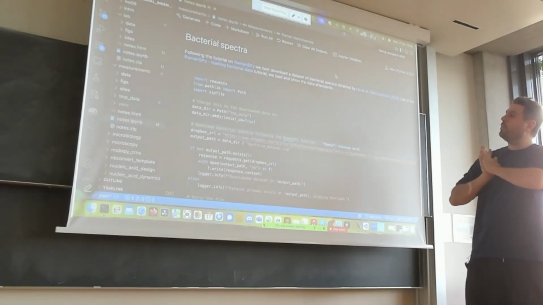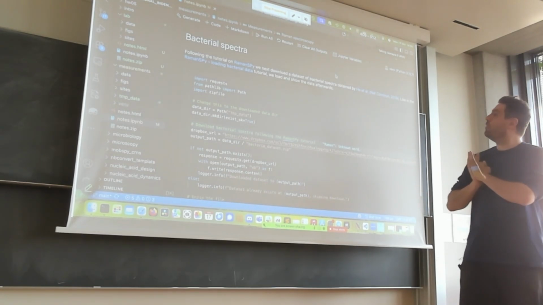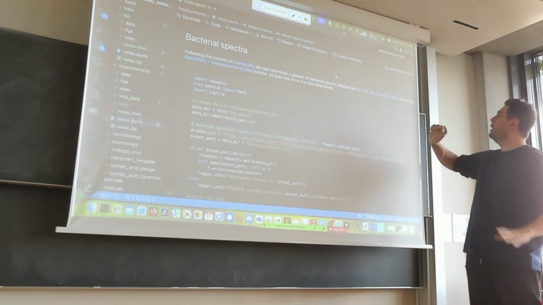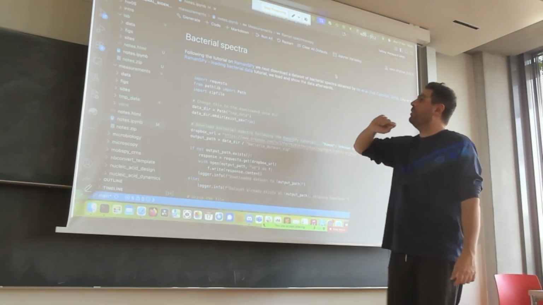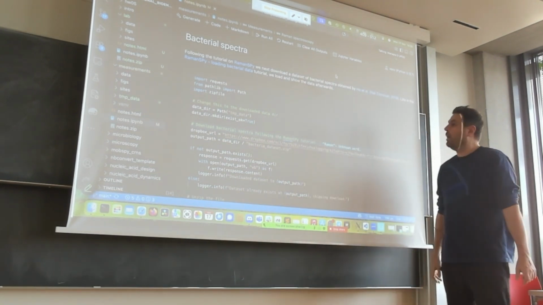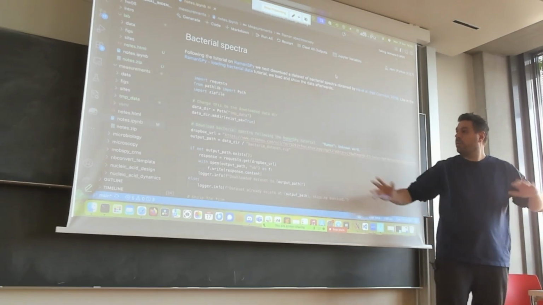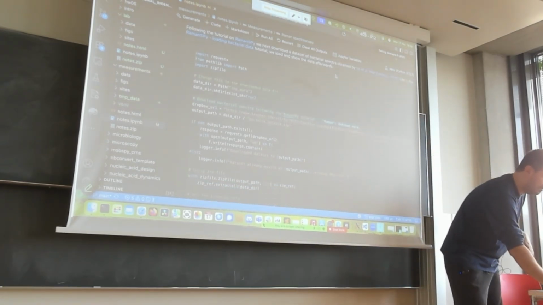We had a very cool pointer from the RamanSPy package, pointing us in the tutorial to a paper by Ho et al., from Nature Communications, reporting some real bacterial spectra. It's a library of real bacterial spectra, and we can just load that here. Funnily, it's a Dropbox link, but Python can do everything.